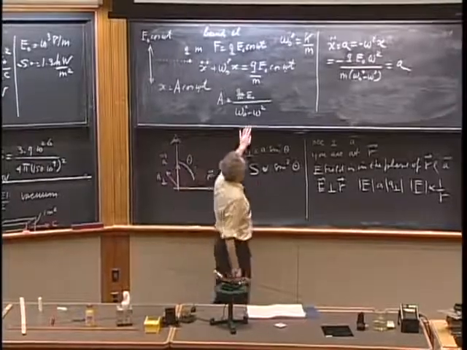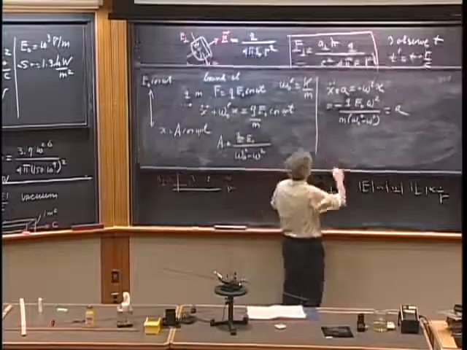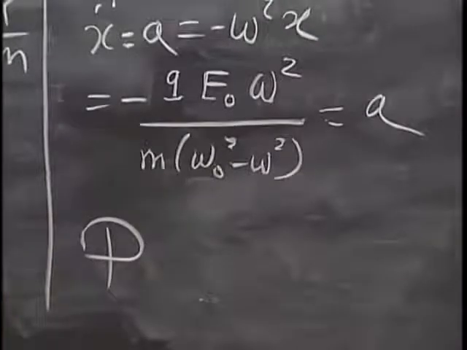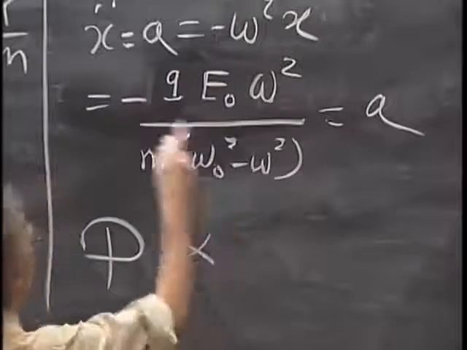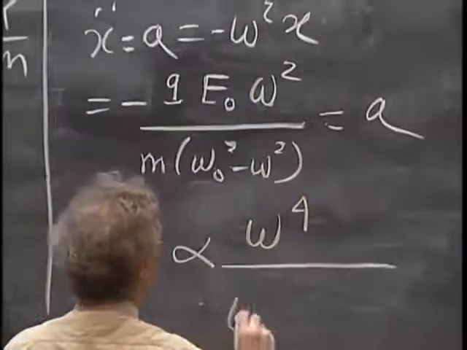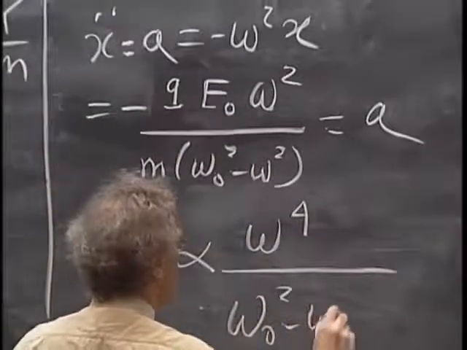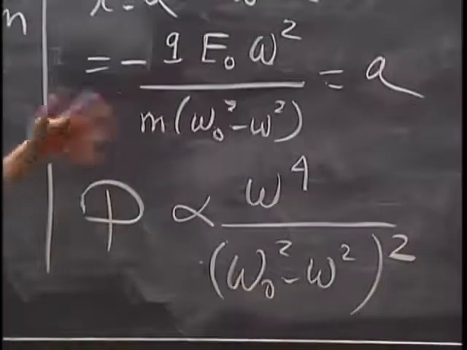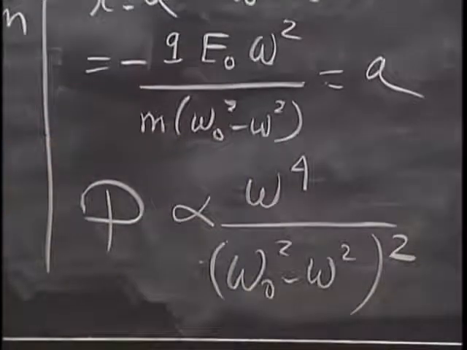And so the a squared is what I really want to know. And so the power that is radiated by that shaking electron is proportional, forget all the constants, to omega to the fourth divided by omega 0 squared minus omega squared, squared. Forget all the rest, it is constant.